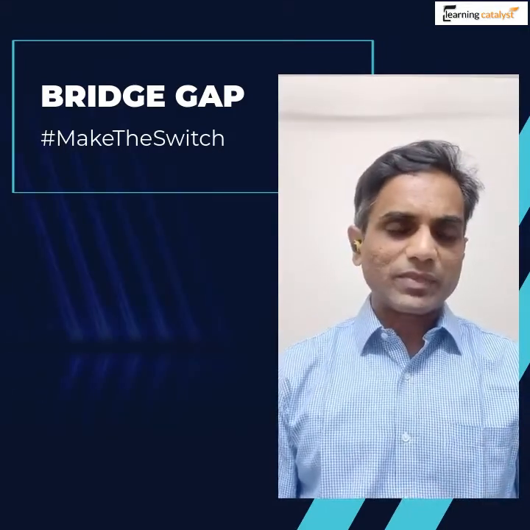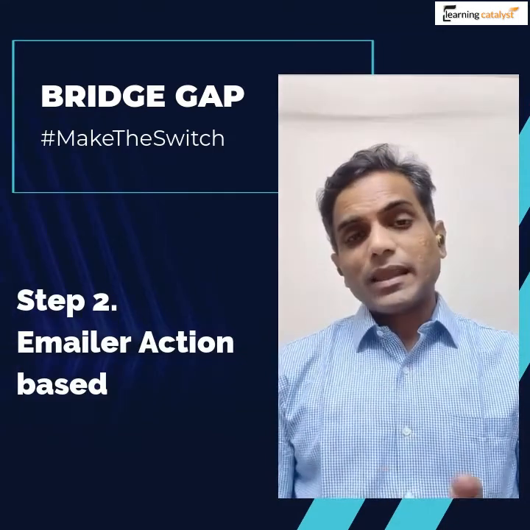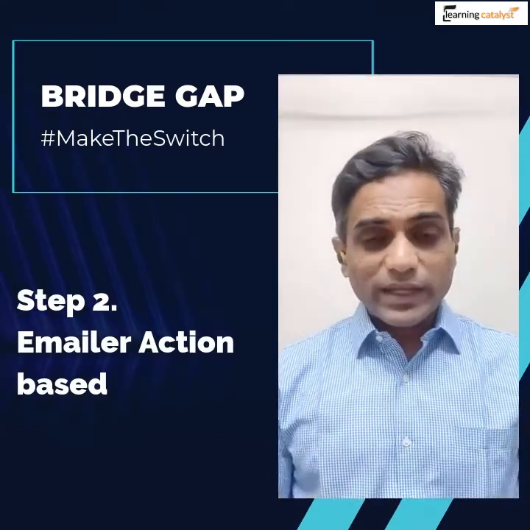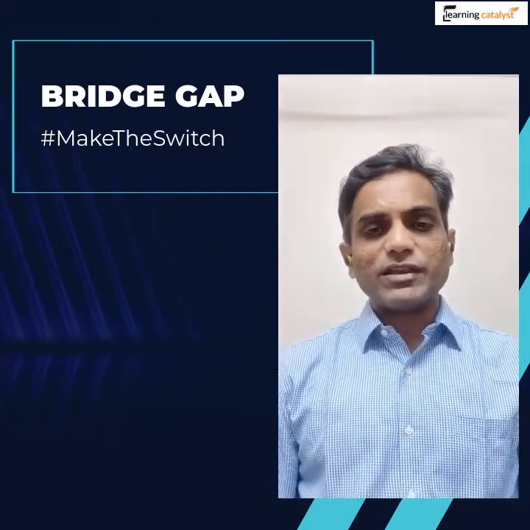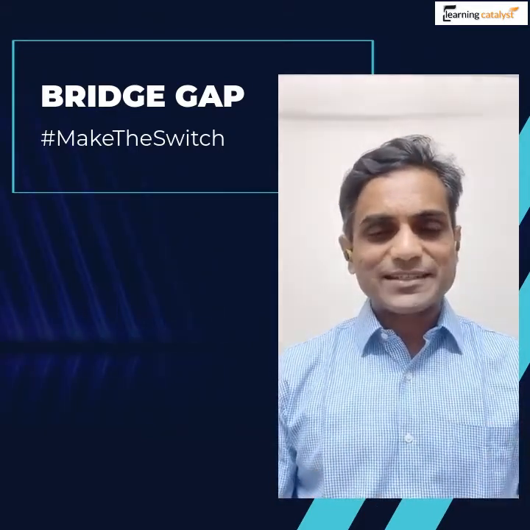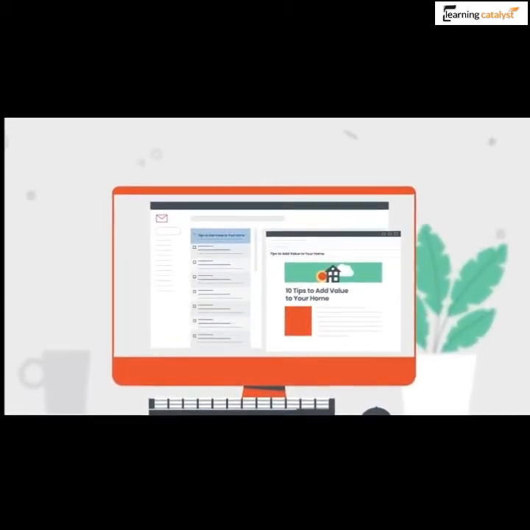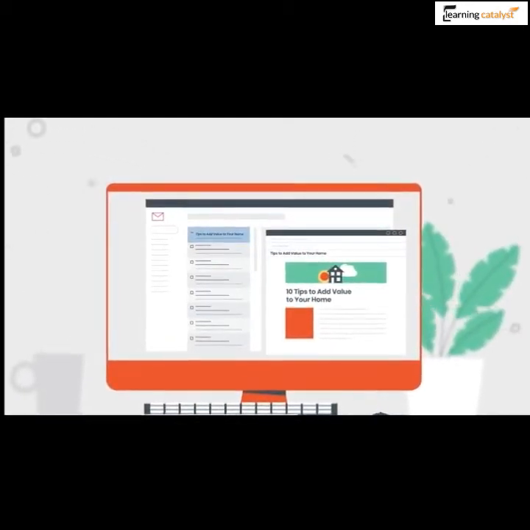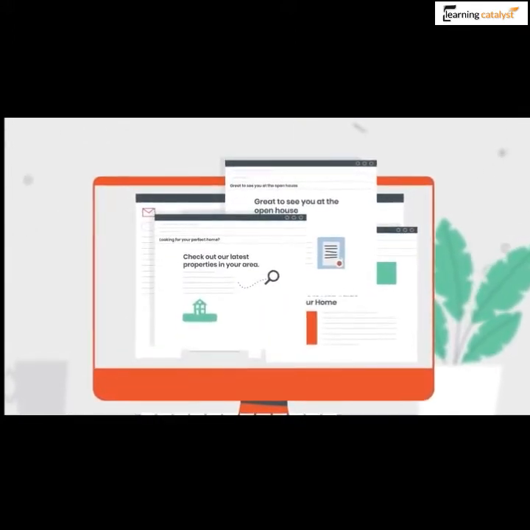That's really step one. Step two, the second way in which you can personalize your communication is by using automation with respect to the actions that happen on the mailer. So for example, based on whether a person opens or clicks, you can send a certain mailer.